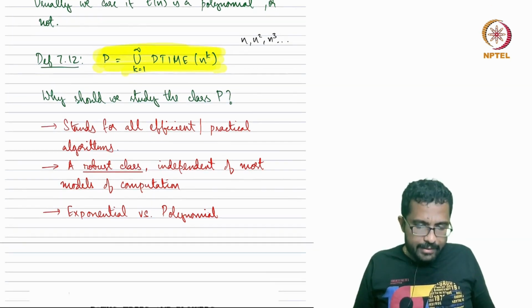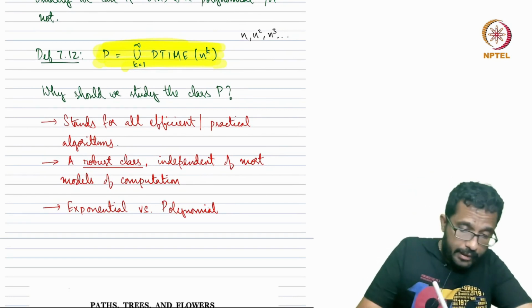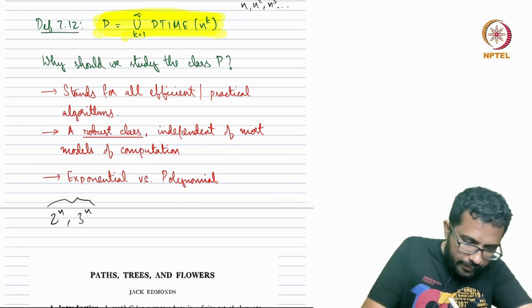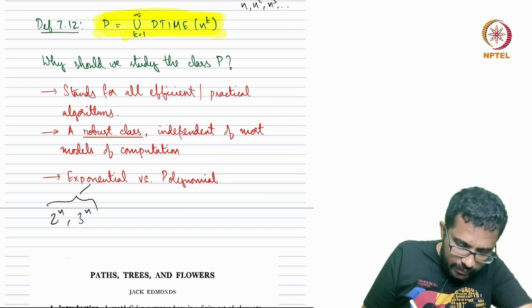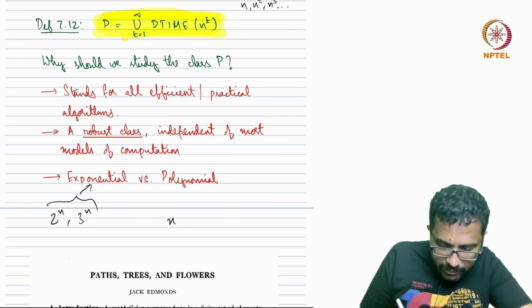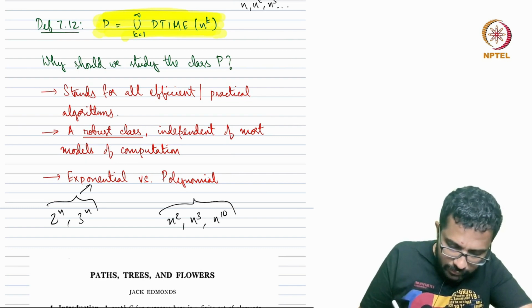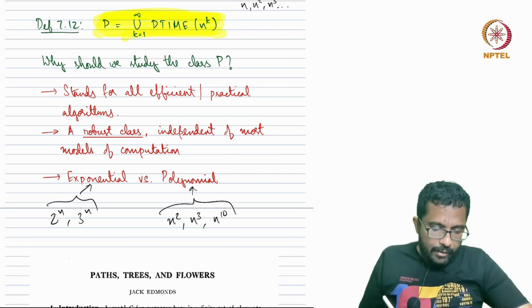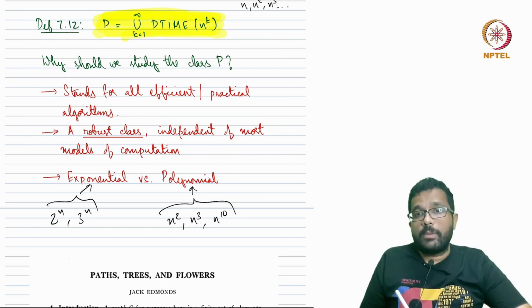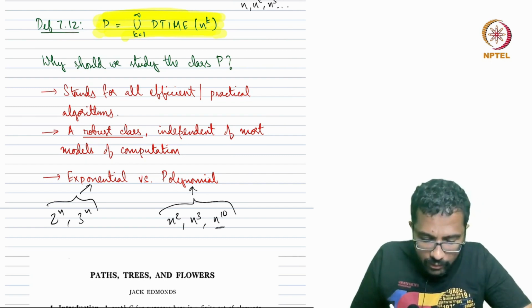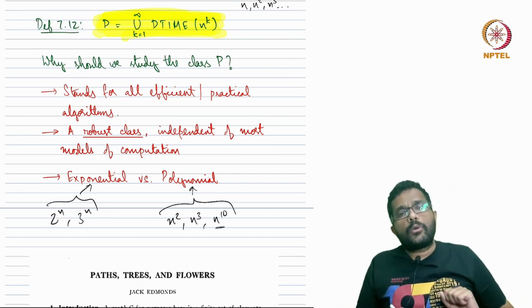And finally, I want to stress the difference between exponential and polynomial, right? Terms like 2 power n, 3 power n, etc. are exponential, whereas polynomials are n squared, n cubed, n power 10, etc. Whenever we have an exponential function such as 2 power n and a polynomial function such as n power 10, the exponential function is going to grow much faster.